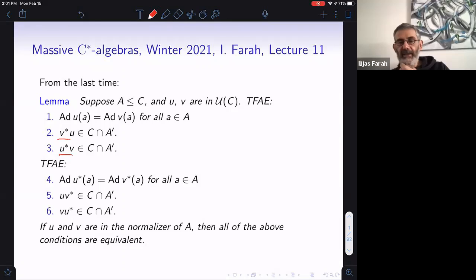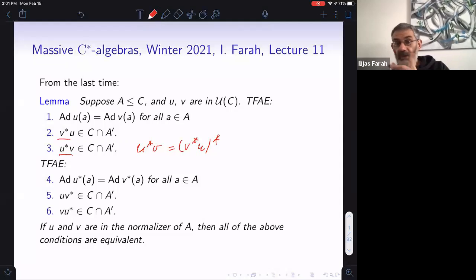Now, equivalence of 2 and 3 is a triviality. Simply, U star V is the adjoint of V star U, and the commutant is a self-adjoint subalgebra. There is nothing to say there.